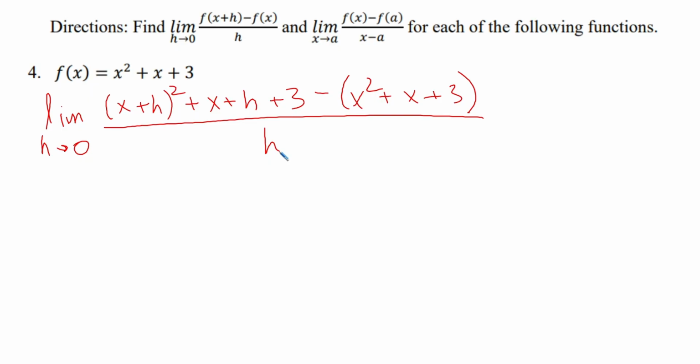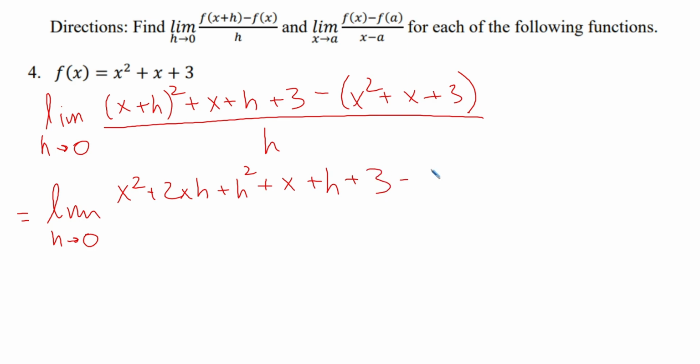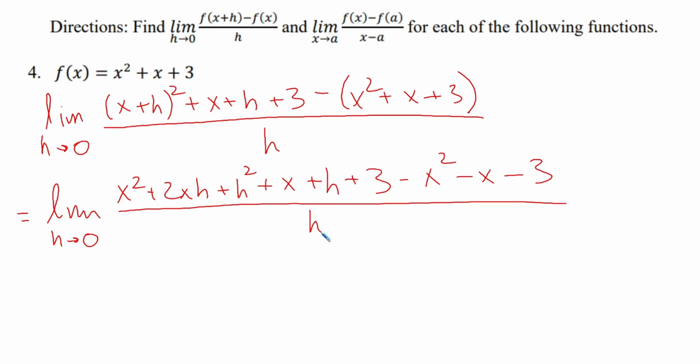Now we'll do the same distributing of the x plus h squared and the minus sign to our function as we did previously. x squared plus 2xh plus h squared plus x plus h plus 3 minus x squared minus x minus 3. And of course, it's still all over h.